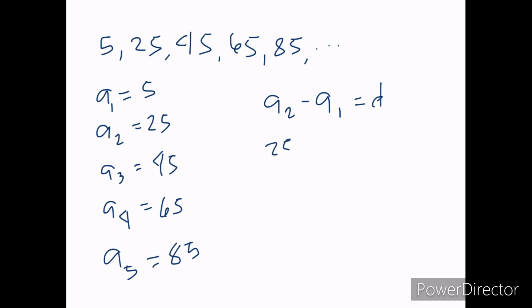Our a sub 2 is 25 minus 5 is equal to 20. That's the common difference, 20.